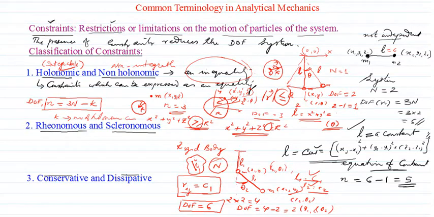Rheonomous constraints: those constraints which involve, or depend on, time explicitly. Explicitly means directly.